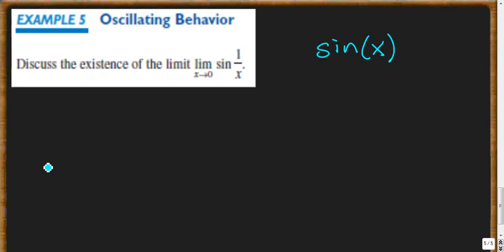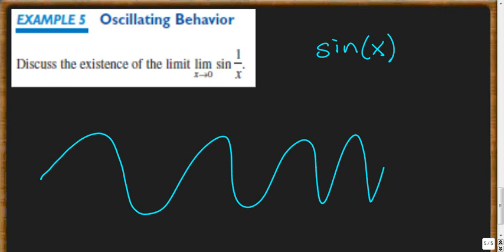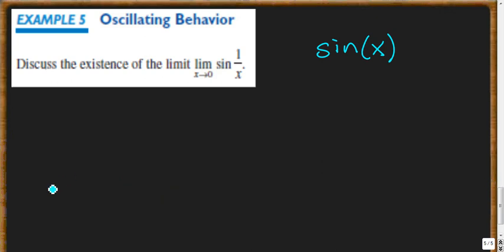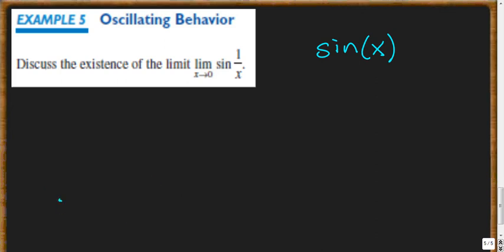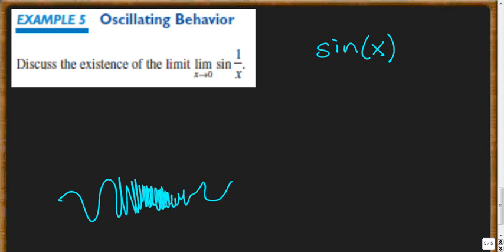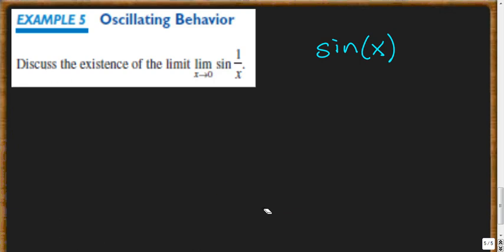So what it's going to look like is this. I start speeding up, and speeding up, and then it starts getting real crazy at the end. It gets right close, and then it kind of speeds off again. It's hard for me to draw this, I apologize.